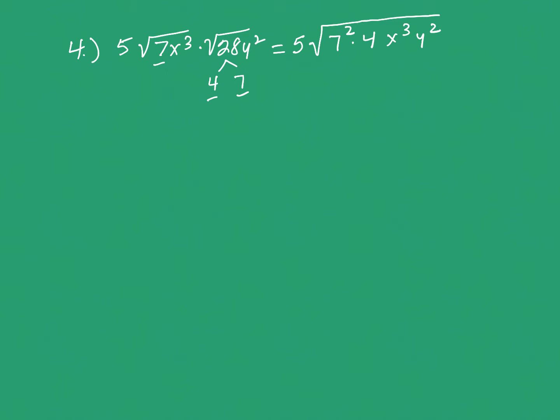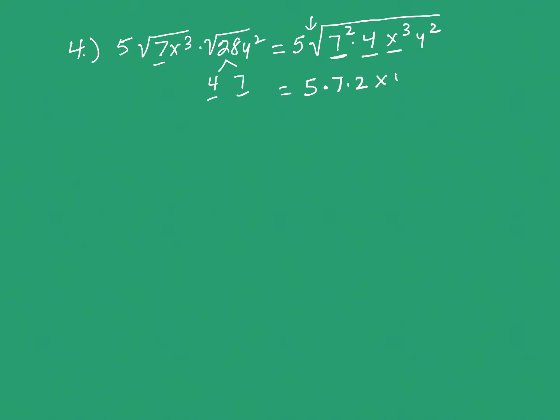The index is 2. So it's 5 times the square root of 7 squared is 7. The square root of 4, which is 2 squared, is 2. X cubed, remember the index is 2. And we do have x squared, so it's going to be x, but there's a remainder of 1.